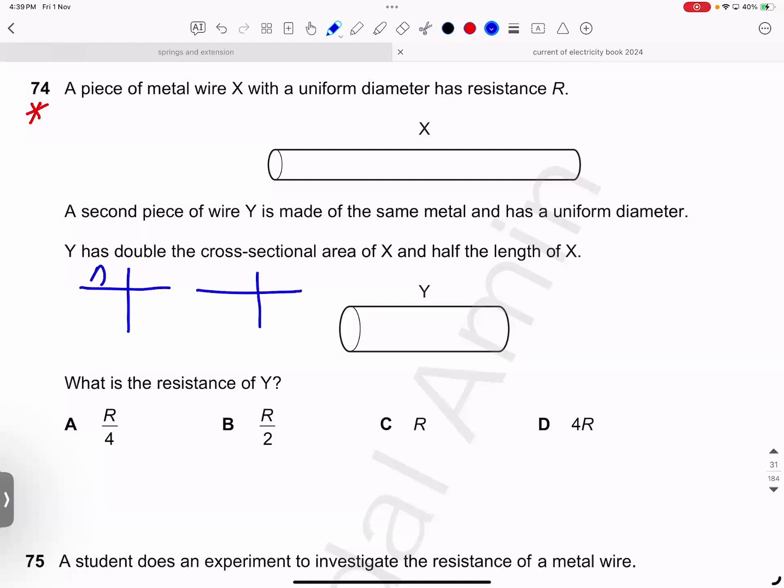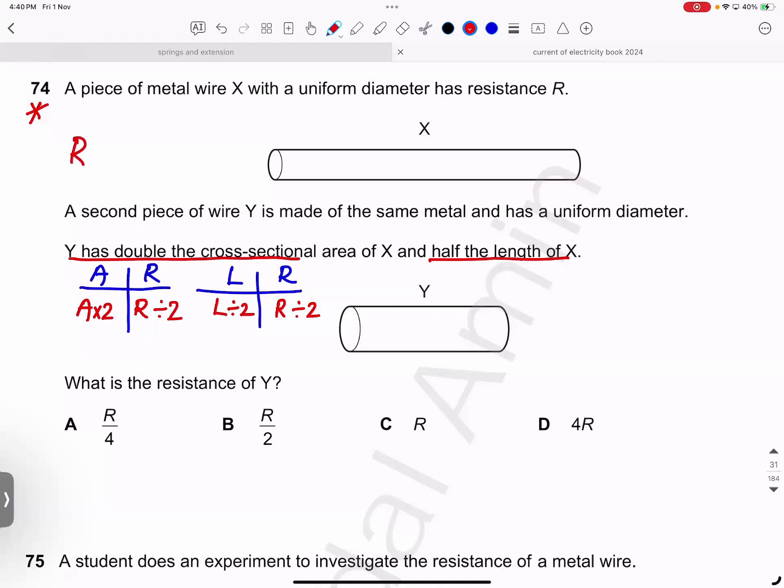Okay, here area, here resistance. Length, resistance. Double area. Double area means if area is times 2, the resistance will be divided by 2. Half length. If length is divided by 2, resistance will also be divided by 2.